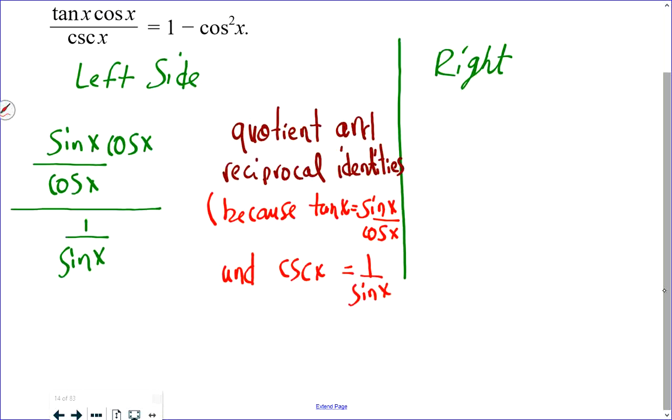And there's absolutely nothing wrong with that. In fact, I think it's a better thing. But it's quicker to just write reciprocal and quotient identities. But anytime you change the appearance, you need to justify that.